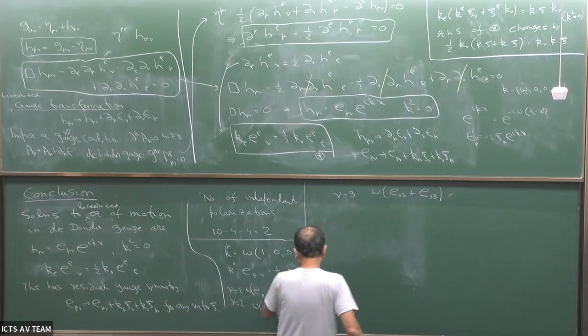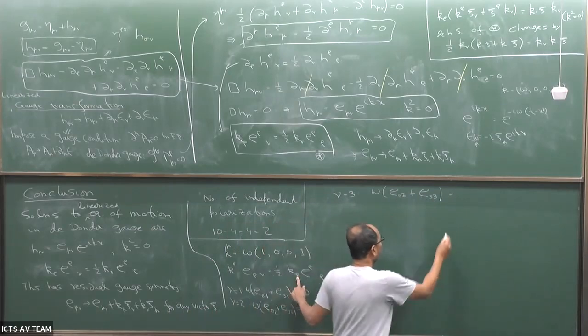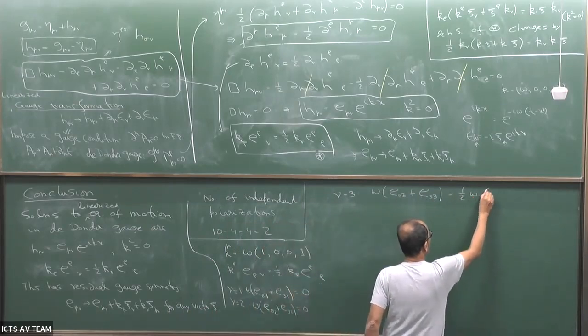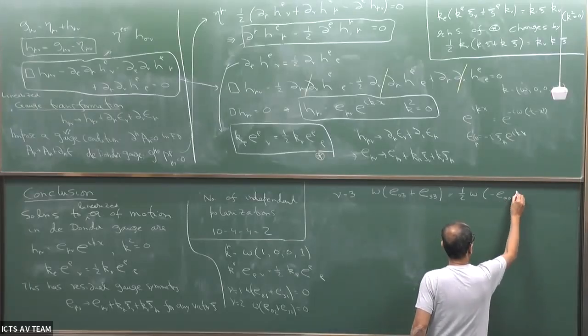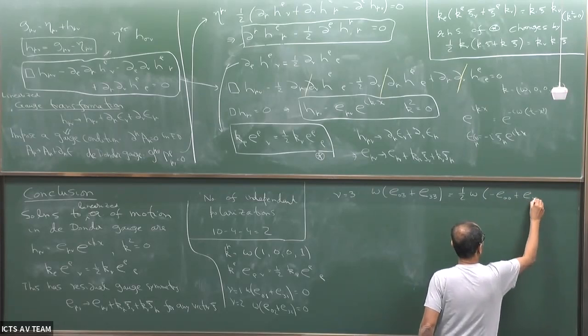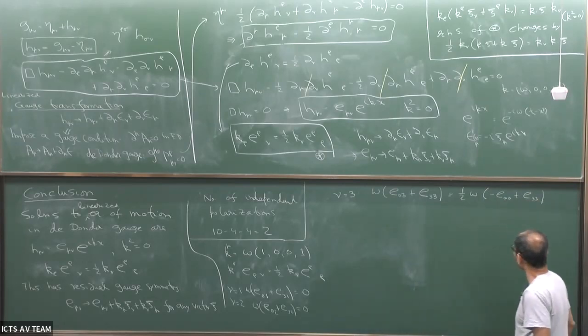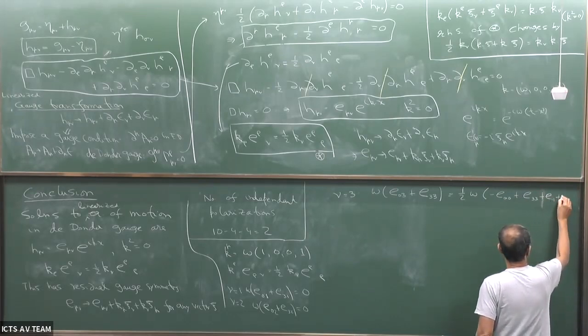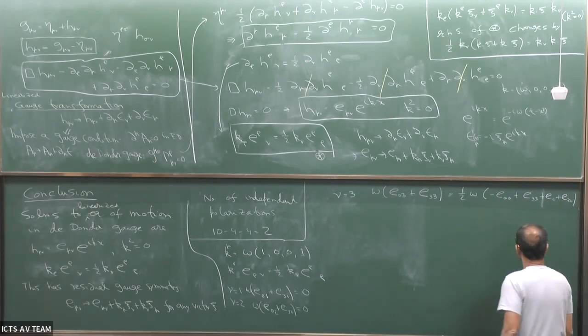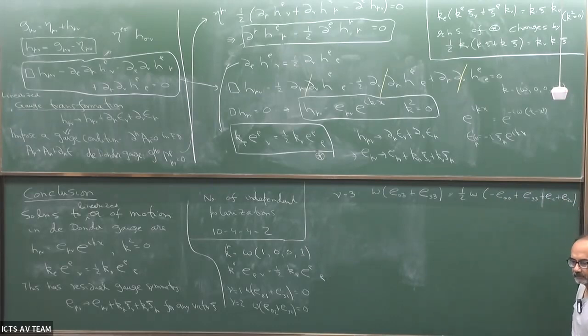half K3. K3 is the same as omega. And E rho rho I can write as minus E00 plus E33 plus E11 plus E22. Yes, minus plus plus plus.